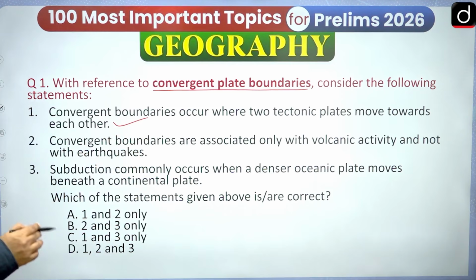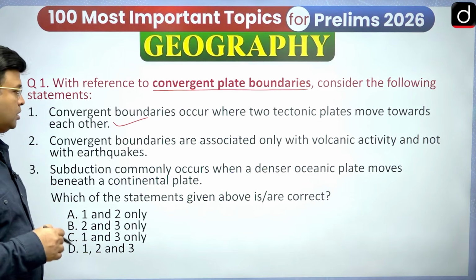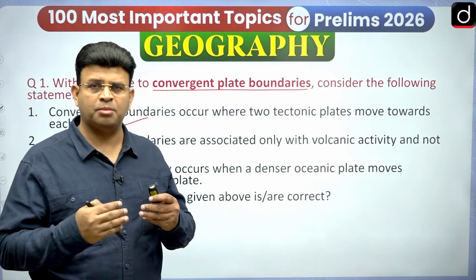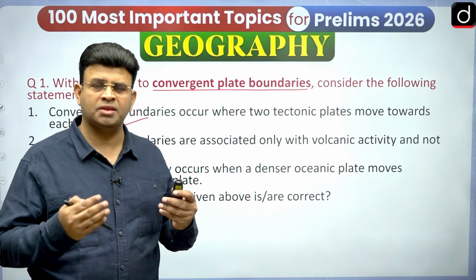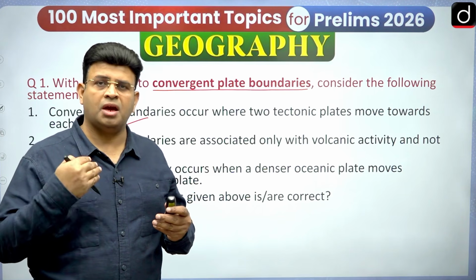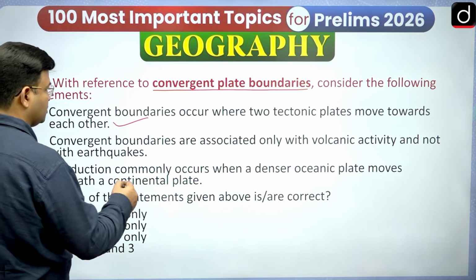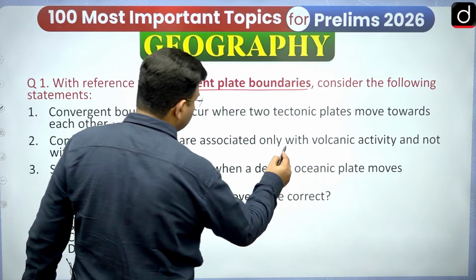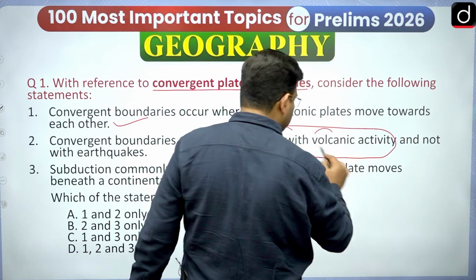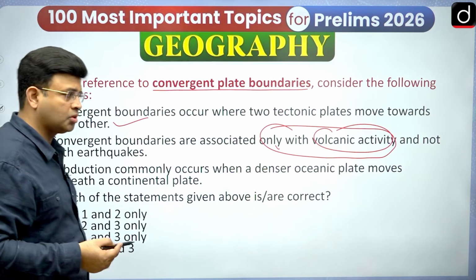Convergent boundaries are associated only with volcanic activity, not with earthquakes. No, along the convergent boundary magma forms and causes volcanic eruptions, and it also causes high-magnitude earthquakes.